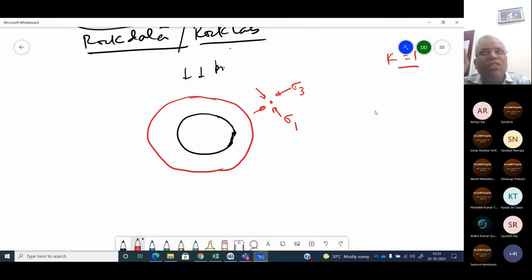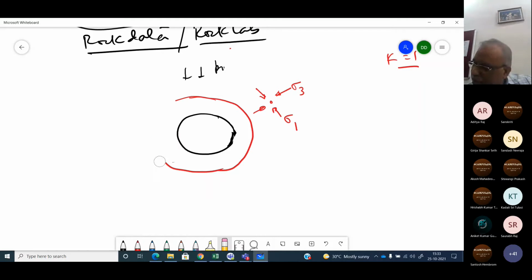So if k is not equals to 1, then whatever I am going to tell you now is not applicable, because there will be tau r theta. So definitely sigma 1, sigma 3, I cannot replace by sigma theta theta and sigma rr, so the formula will not be right.